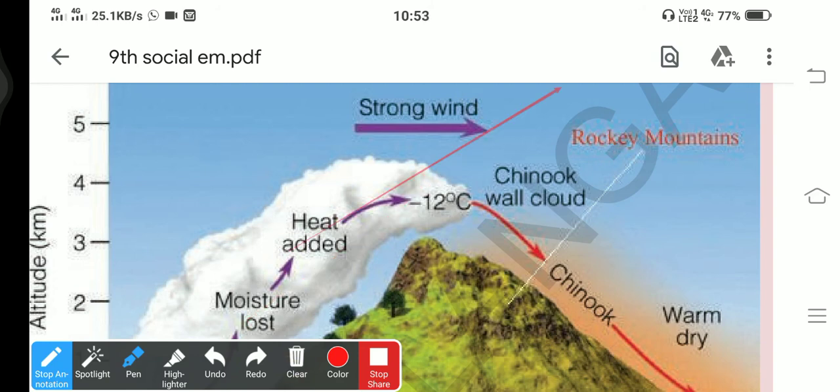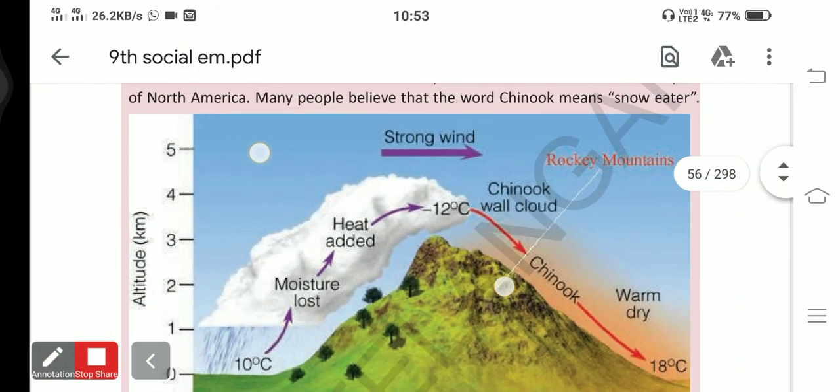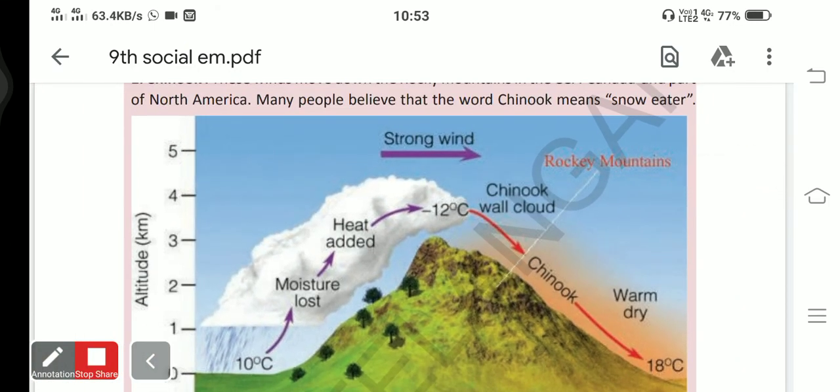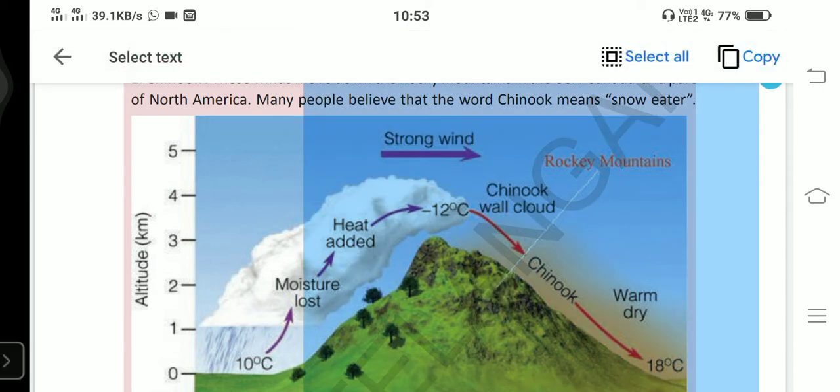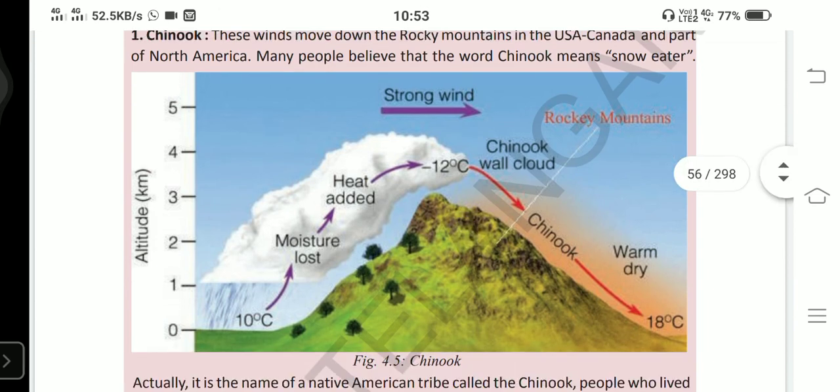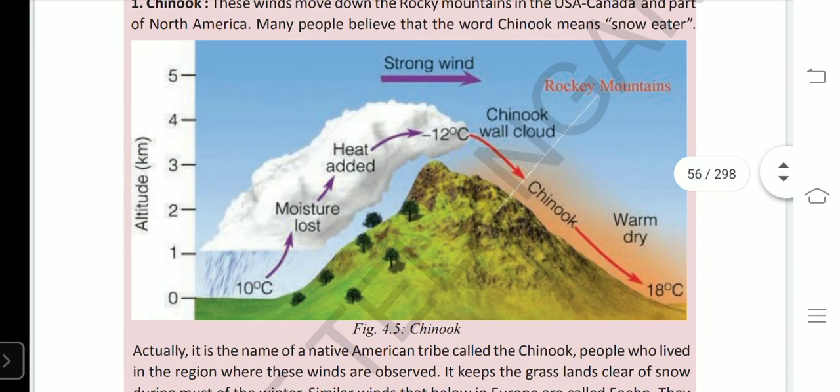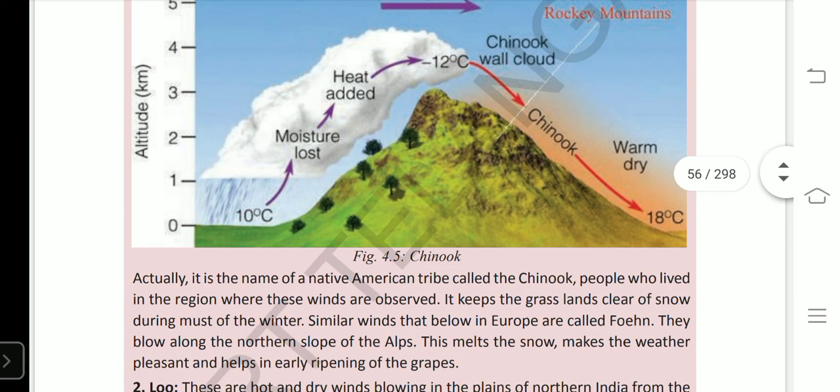So what happens here when these hot winds blow, they bring a change in the moisture of the grasslands. The snow on the grass is removed by the hot winds blowing in the Rocky Mountain areas.